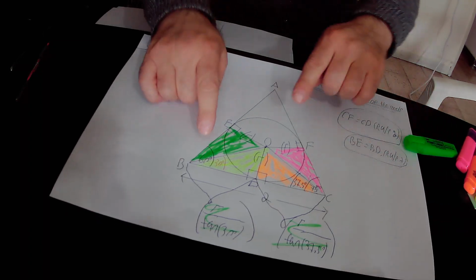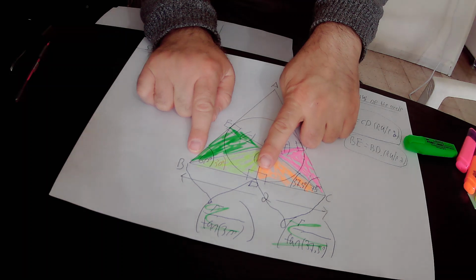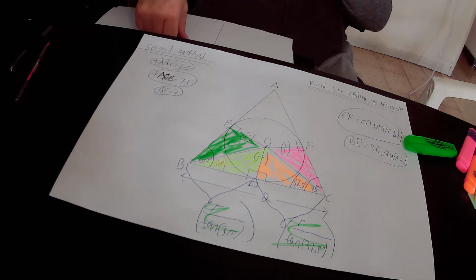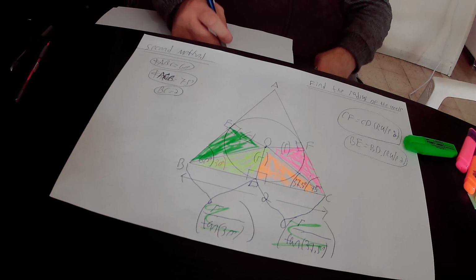We already found out that BD equals R over tangent 30 degrees, so we substitute BD by R over tangent 30 degrees, plus DC.